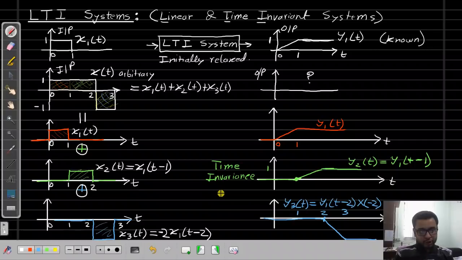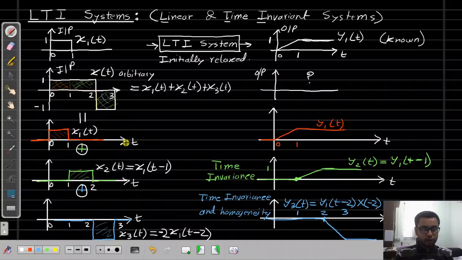So this is true by virtue of time invariance and homogeneity. Because of homogeneity, when you multiply the input by minus 2, the output is also multiplied by minus 2.